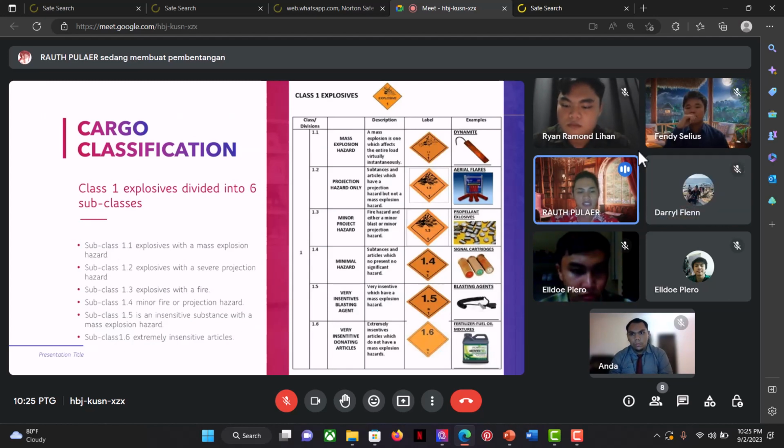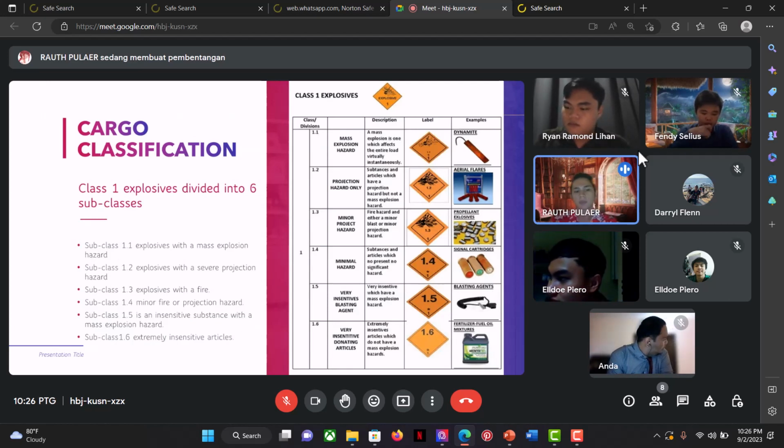Subclass 1.2 is explosive with a severe projection hazard, which means projections shoot out if there is any explosion on board or at the port. Subclass 1.3 is explosives with a fire hazard, pyro kind of explosions.